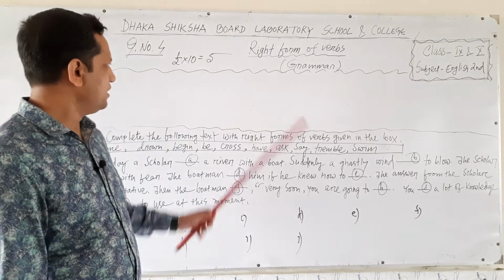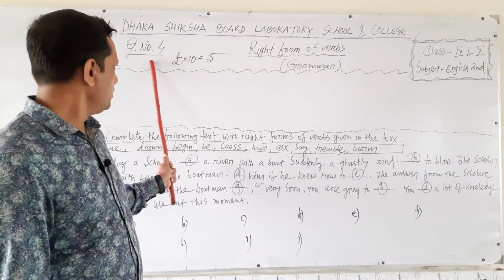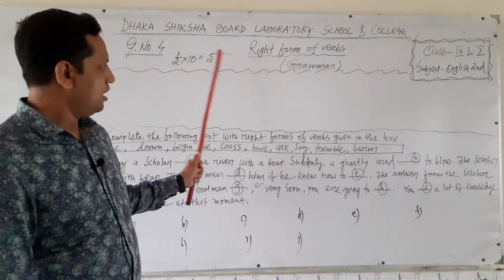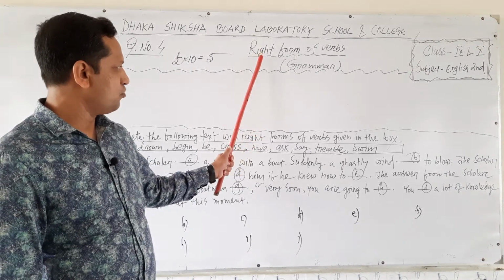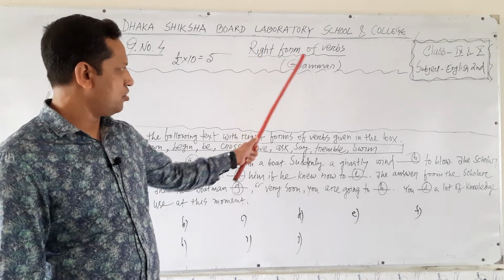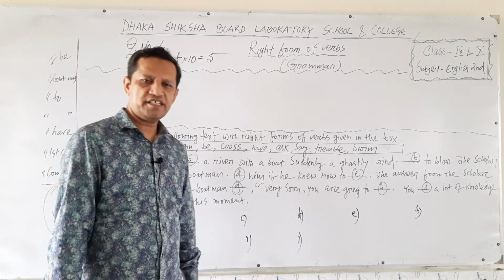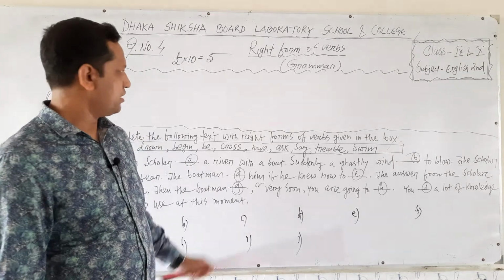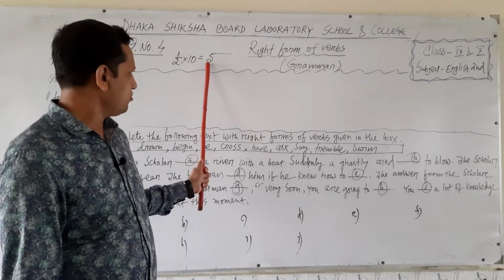You know well that it is question number 4 in the second paper, part A grammar, and the name of the topic is right form of verbs. There are 10 gaps here, and marks are half into 10, which is equal to 5, total marks 5.